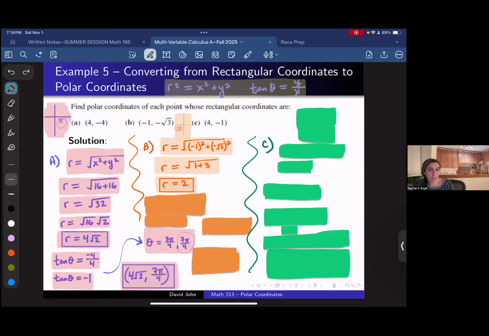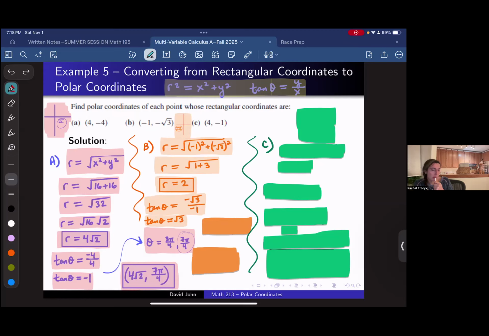Now our tan of theta is y over x, so negative the square root of 3 divided by negative 1, which is just tan of theta is equal to square root of 3. And now we want to figure out, okay, what theta values will give us tan theta to be equal to square root of 3.